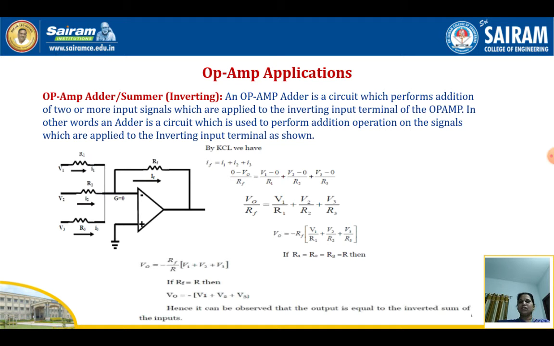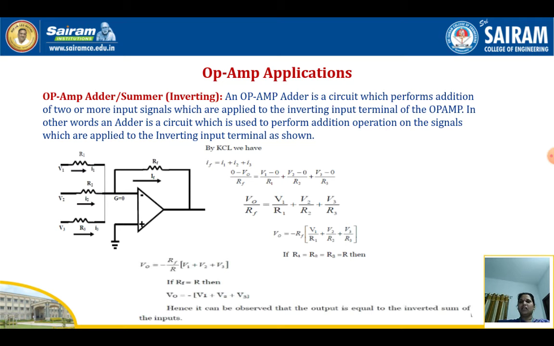Let us assume that R1 is equal to R2 is equal to R3 is equal to R, that is, all three resistances are made R. Then the simplified output voltage equation is V0 is equal to minus RF divided by R times (V1 plus V2 plus V3).